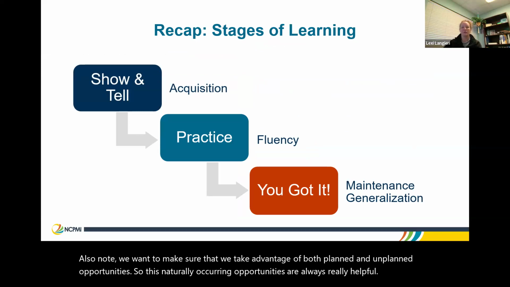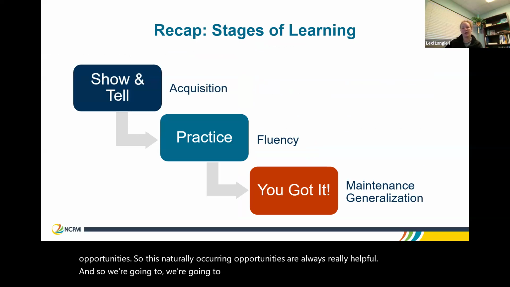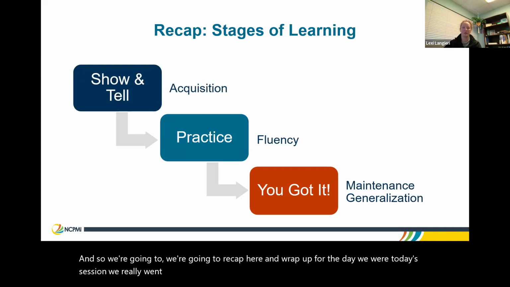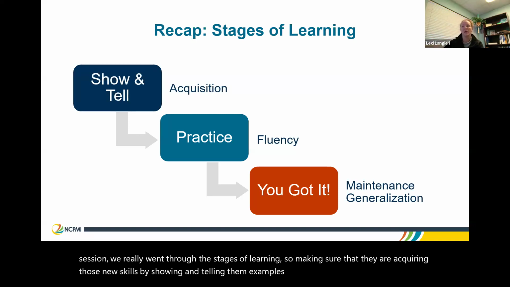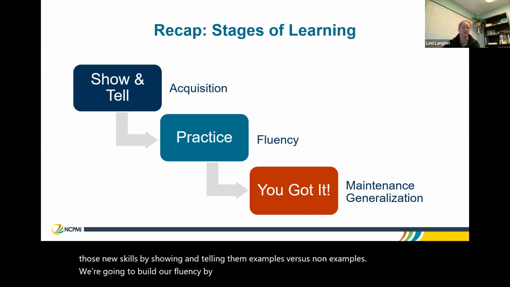And so we're going to recap here and wrap up for the day. Today's session, we really went through the stages of learning. So making sure that they are acquiring those new skills by showing and telling them examples versus non-examples. We're going to build their fluency by giving them many opportunities to practice those new skills.